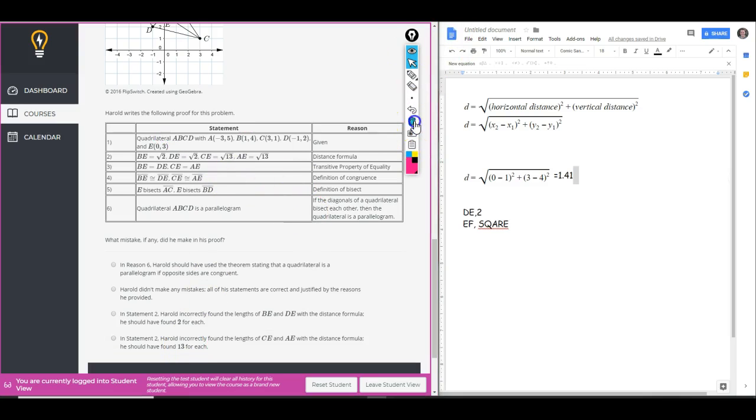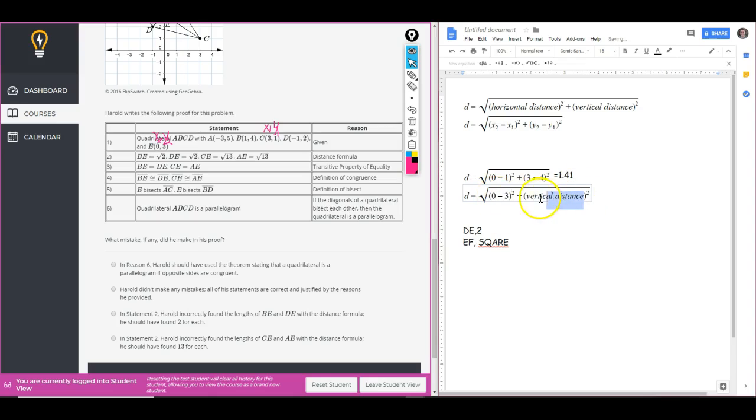So the other way we would do this is again use our distance formula, now for CE. C would be our x1, y1, and E would be our x2, y2. The horizontal distance is the difference between your x's, so x2 minus x1, so 0 minus 3.